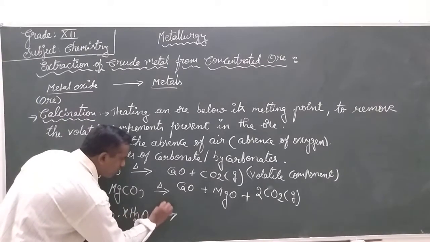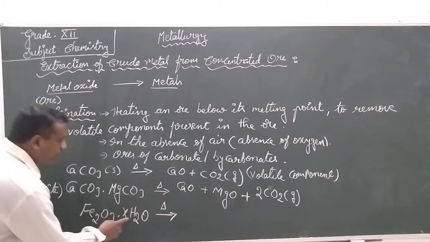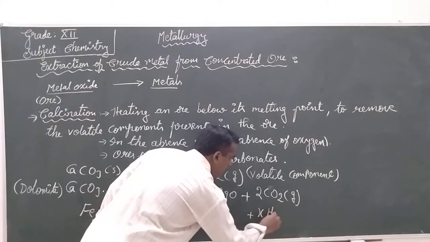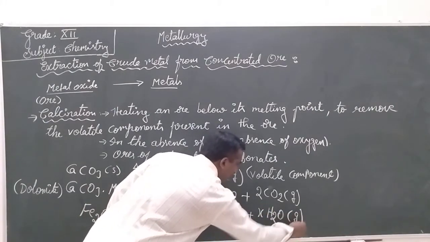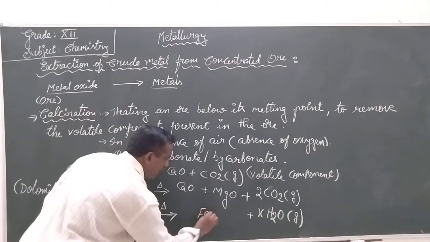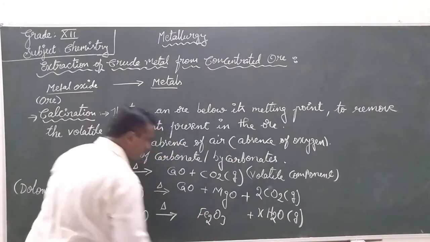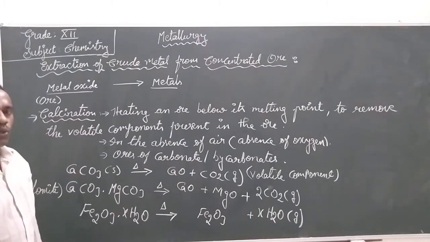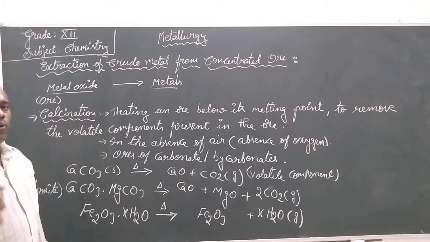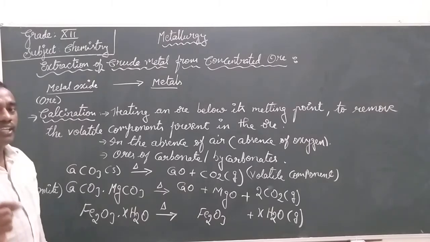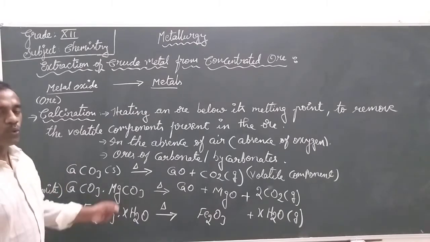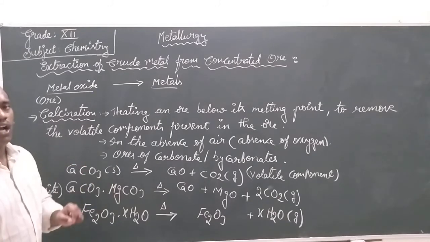When you heat this ore, the water molecules evaporate in the form of gas, leaving behind the iron oxide. These are some of the examples of how the ore is heated in the absence of air to form its oxide from its combined form, that is, to remove the volatile matter present in the ore.